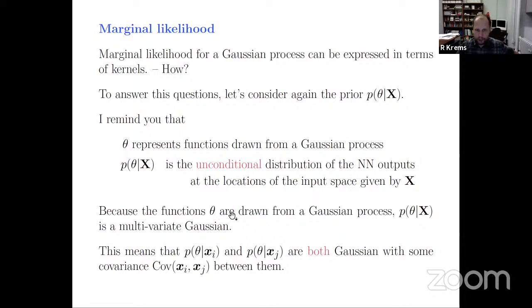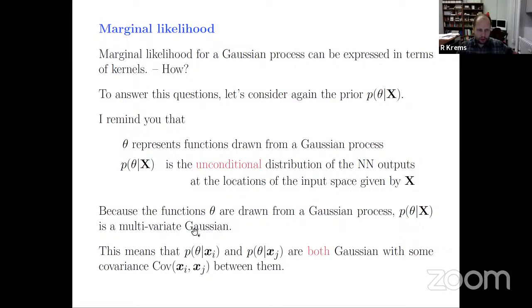So because those functions are drawn from a Gaussian process, P of theta is basically a multivariate Gaussian. What we're now going to try to determine is what the covariance matrix of that multivariate Gaussian is.